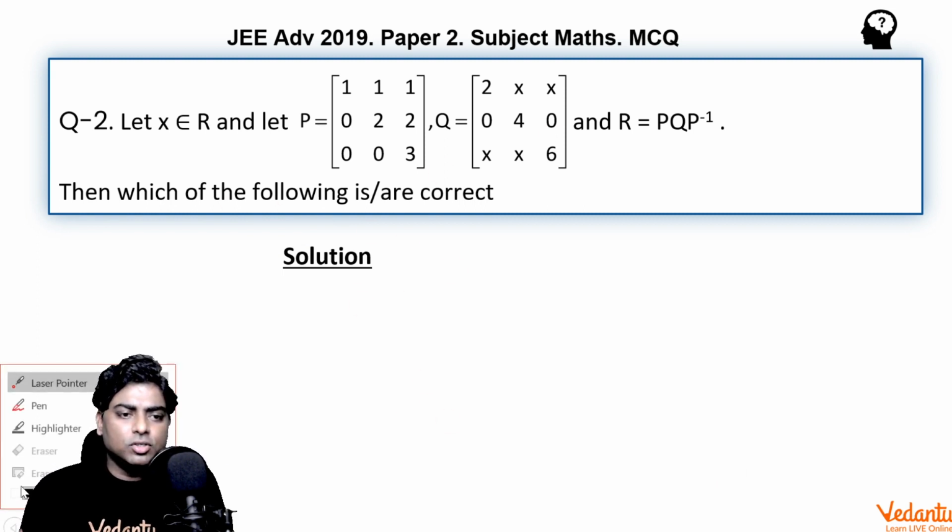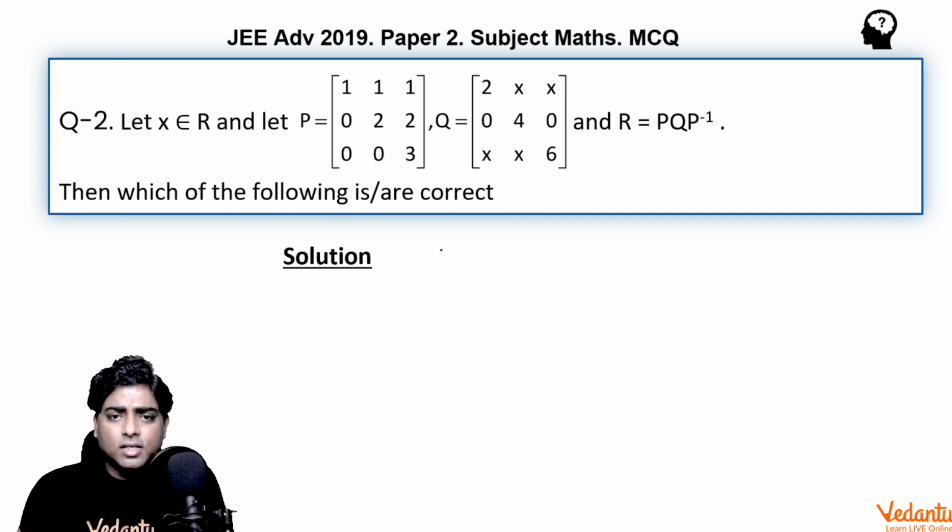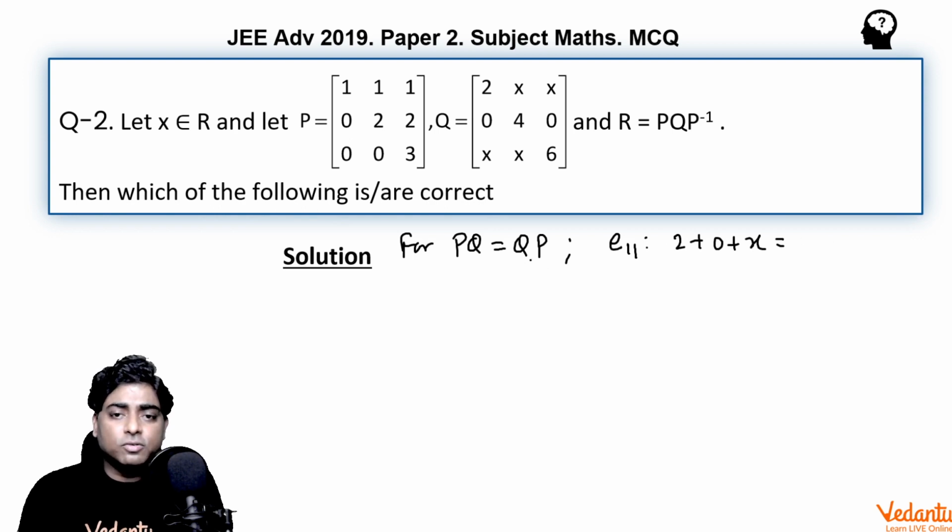Option A, PQ is equal to QP. We need to check it. For PQ to equal QP, every element of PQ and QP should be equal. If I check the very first element, first row, first column, E11, then from PQ you get the first row of P and the first column of Q, giving 2 plus 0 plus x, equal to the first row, first column element of QP.